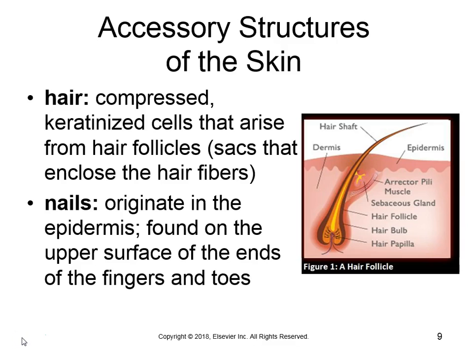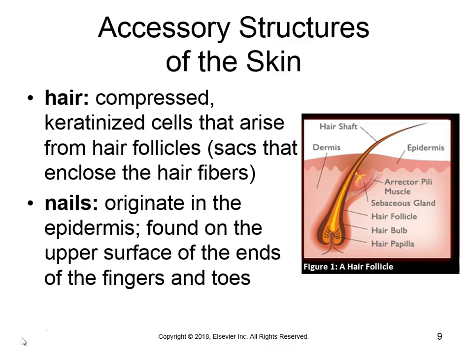There are a few accessory structures of the skin that kind of go along with this, and they've been mentioned already. But obviously we have the hair, because it is poking right through the dermis and epidermis. And this is composed of keratinized cells. So the hair follicle kind of produces that, and then it shoots through the dermis and epidermis.